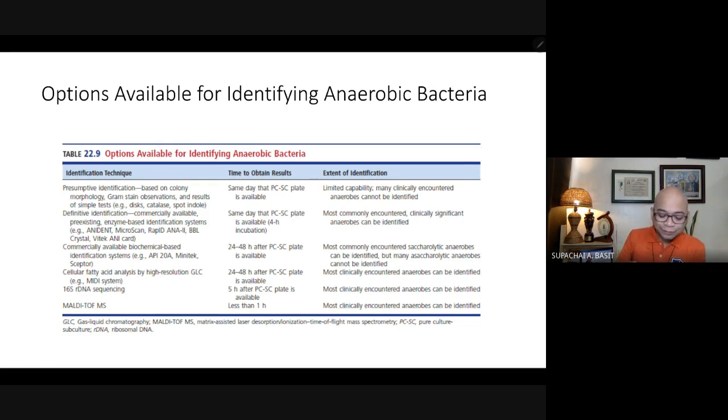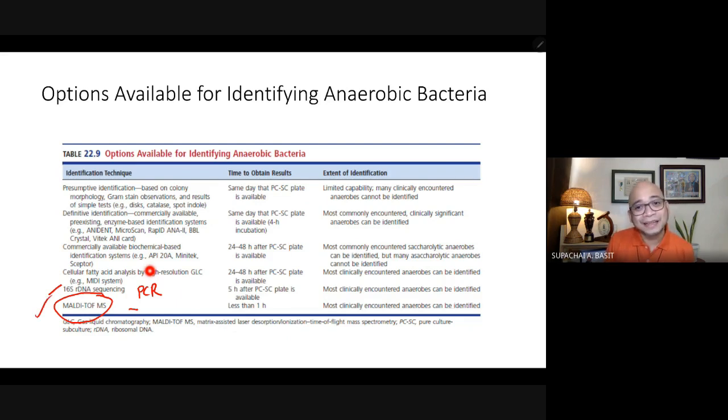So noteworthy to mention is the 16S rDNA sequencing, because this would involve PCR. Maldi-TOF MS is actually practical because having this in the lab means that you can identify not just anaerobic bacteria, but other bacteria as well. And if it has MS, it means that it can also give you the result of susceptibility testing. So that's why it's a very good machine to have in the lab.